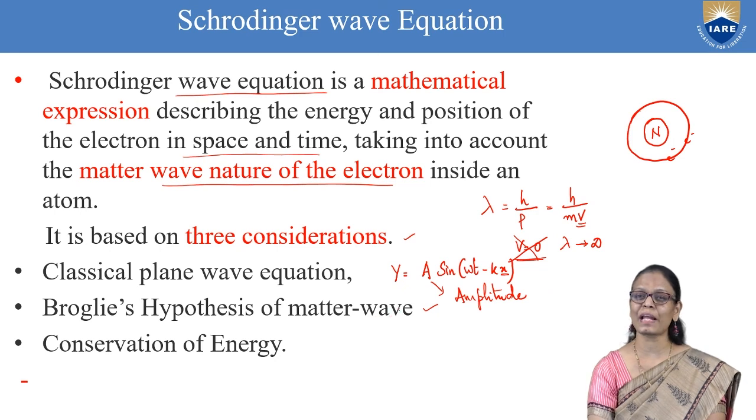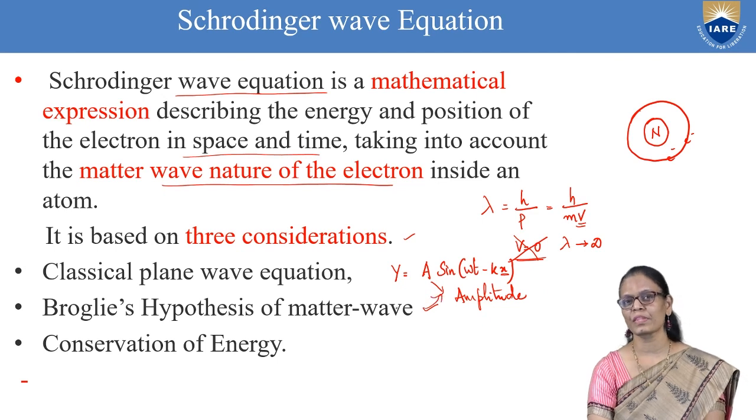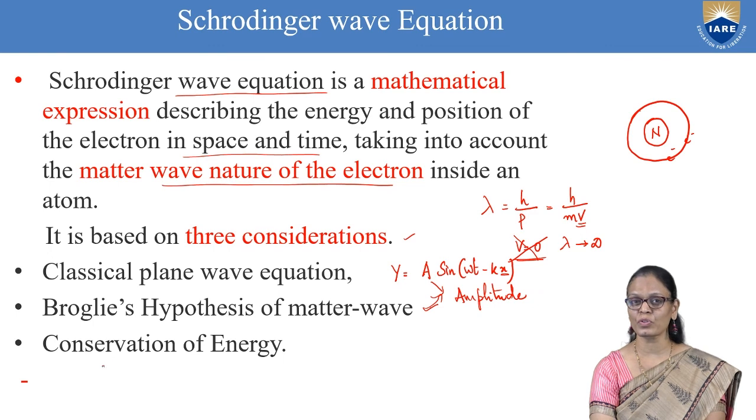How did he explain the relationship between the momentum of the particle and the wavelength of the wave? Into this equation, we will have to incorporate the de Broglie hypothesis. And then we also have to consider the conservation of energy. We cannot neglect this concept of conservation of energy, which means energy can neither be created nor destroyed; it can only be converted from one form to another.